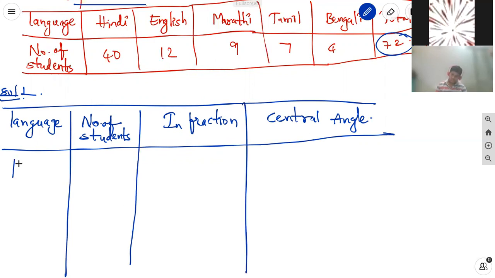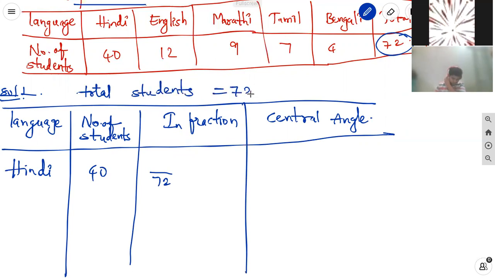Here, Hindi language, 40 students. In fraction, total students equal to 72. Speaking persons Hindi 40.